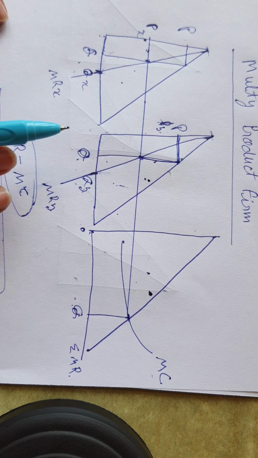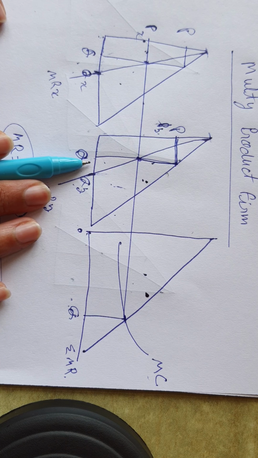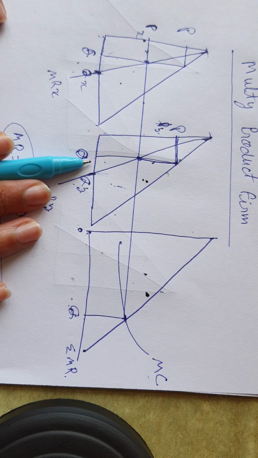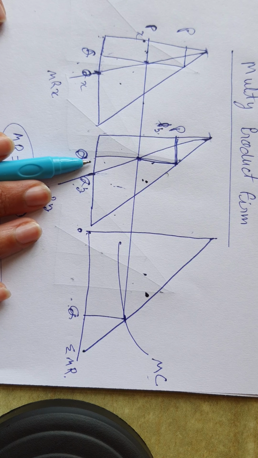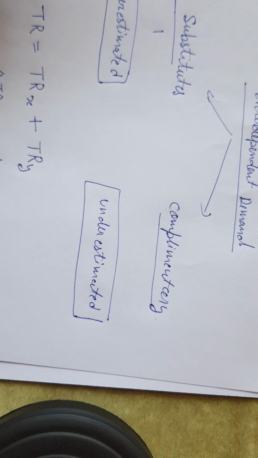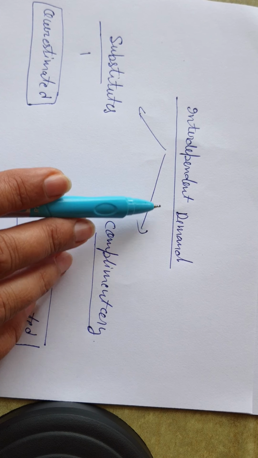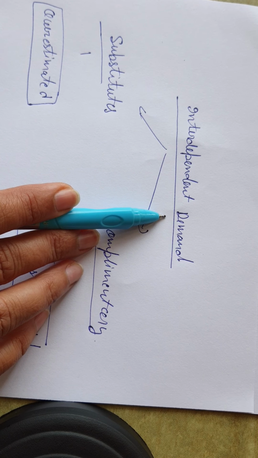But if we are using an example of commodities which are interrelated somehow, I mean to say their demand is interdependent. And why is demand interdependent?